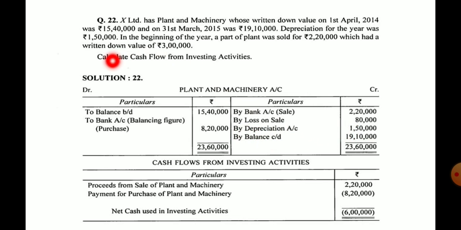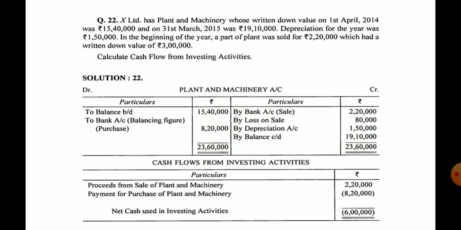Depreciation is given, so it will be credited, and the balance c/d is 19,10,000 written here. Totaling this side and that side, the balance will become 8,20,000.